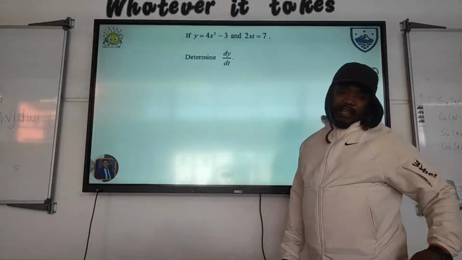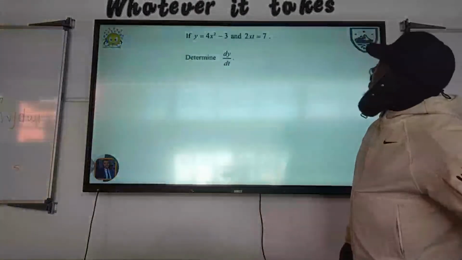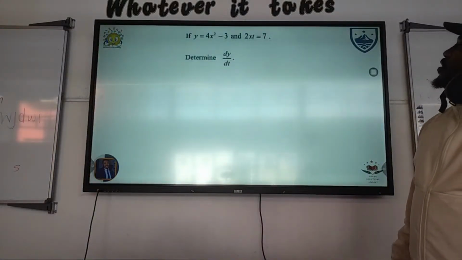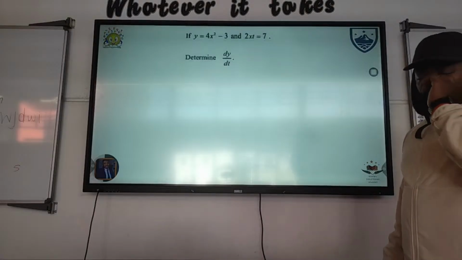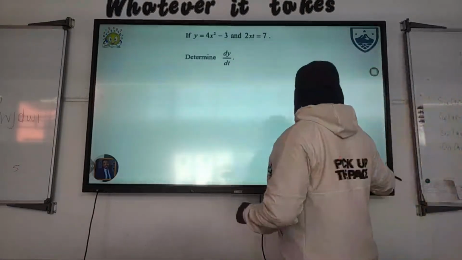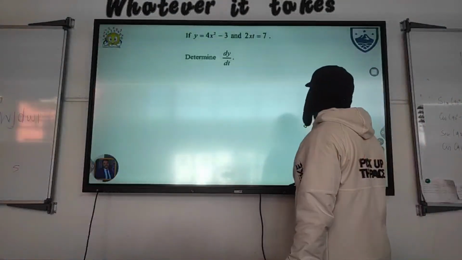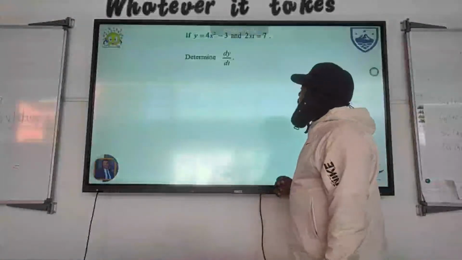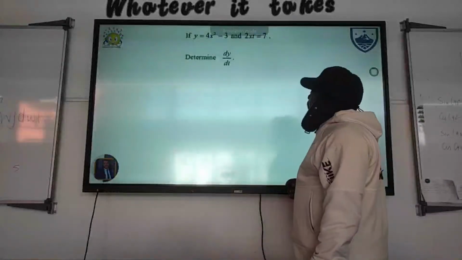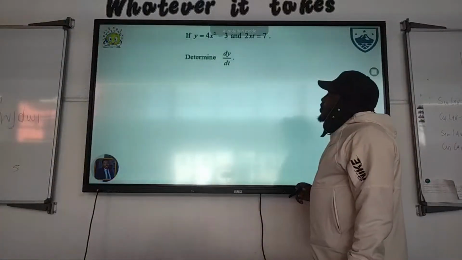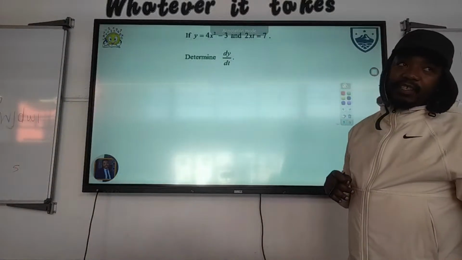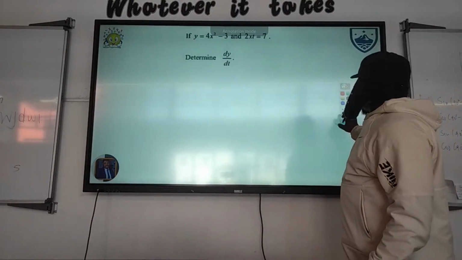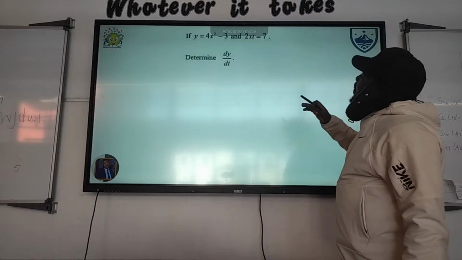You are given y equals 4x squared minus 3, and you are given 2xt equals 7. What's the catch here? The catch is you are no longer differentiating in terms of x, you're differentiating in terms of t. So anything that doesn't have t will be regarded as a constant.